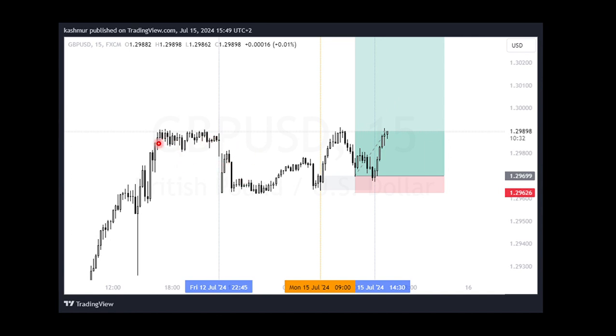It involves the asset, which is GBP USD, the time frame, the session, the price, and drawings. This green part indicates profits, this red part indicates negatives. So if price goes down below this level, I'll be out with negatives. But if it goes to the upside, up to where my take profit is, I'll be in profits. So that is an example of technical analysis.